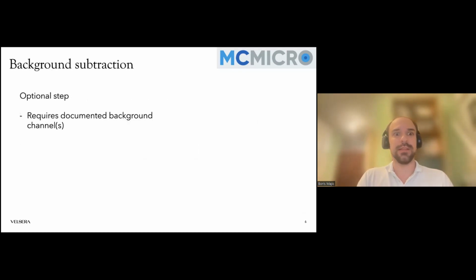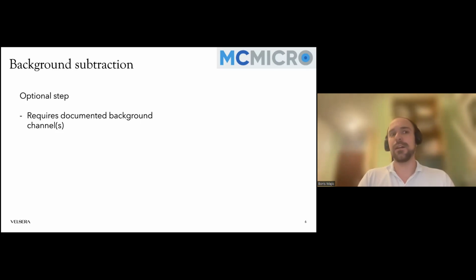Another optional step is background subtraction. In some cases, in addition to correcting for dark field and flat field profiles, you might want to perform some sort of background subtraction. This step requires that one of the channels in your images is marked as a background channel.